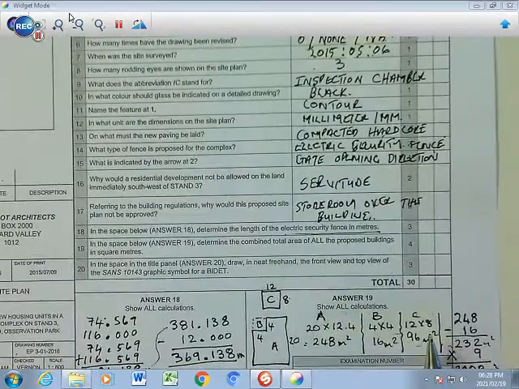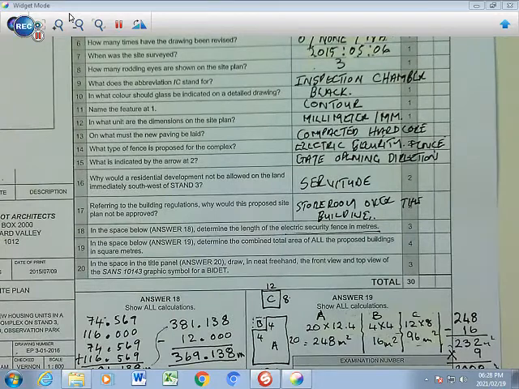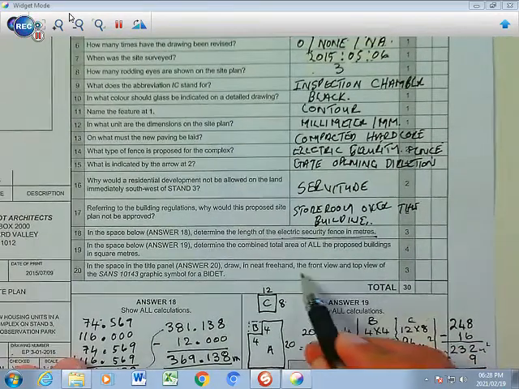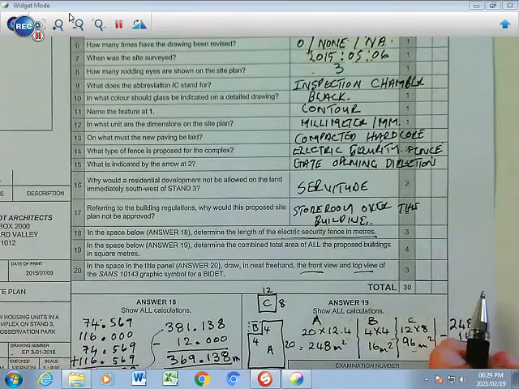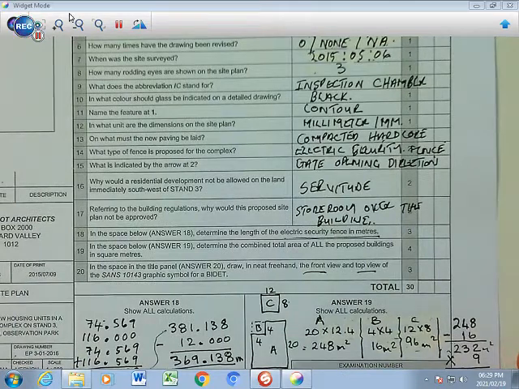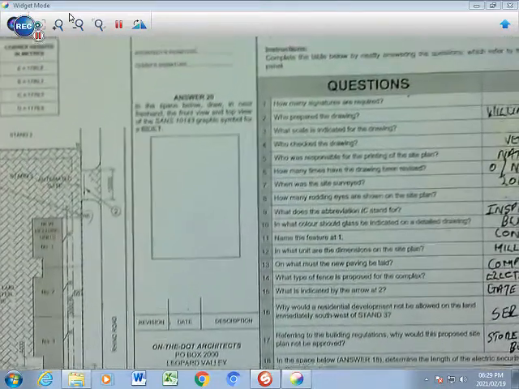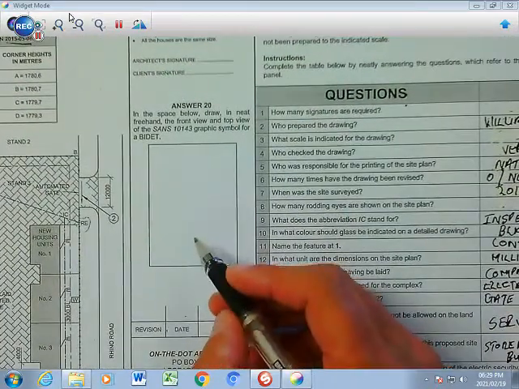And then the last question here: in the space provided, draw the front and the top view of a graphic symbol according to SANS 10143 of a bidet. So it is very easy. We've done this in our notes.